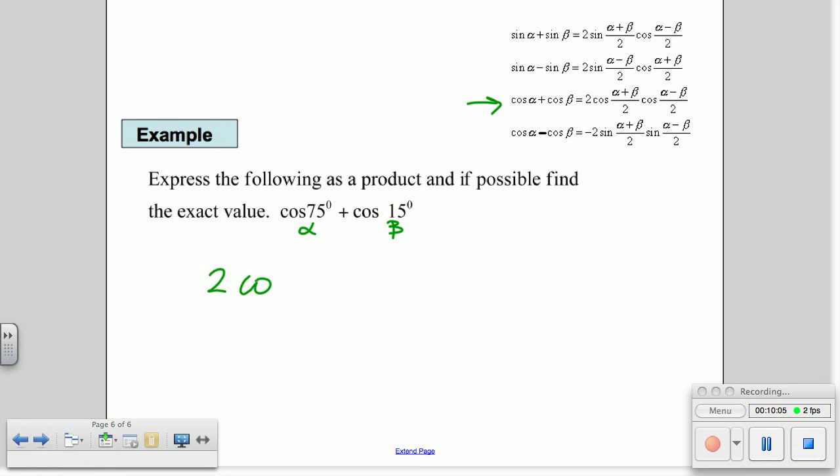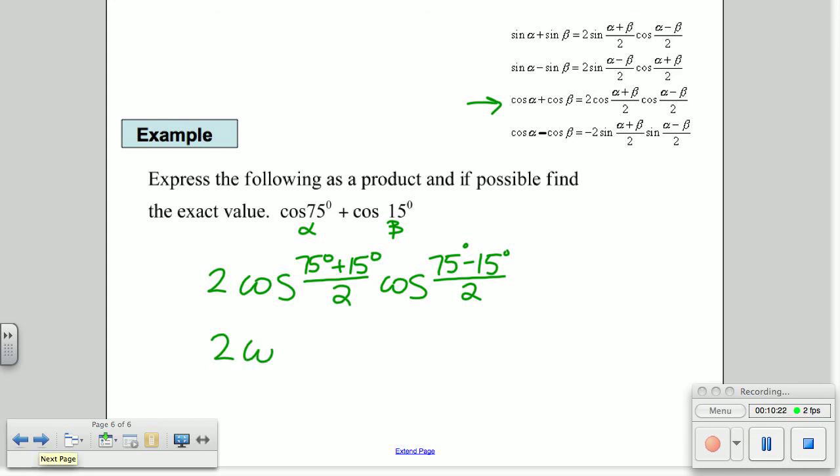We're going to have 2 times the cosine of alpha, 75 degrees, plus beta, divided by 2, times the cosine of alpha minus beta, divided by 2.